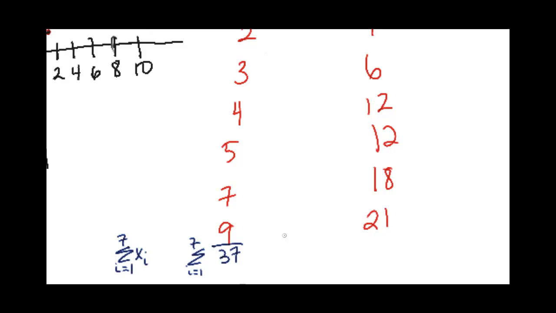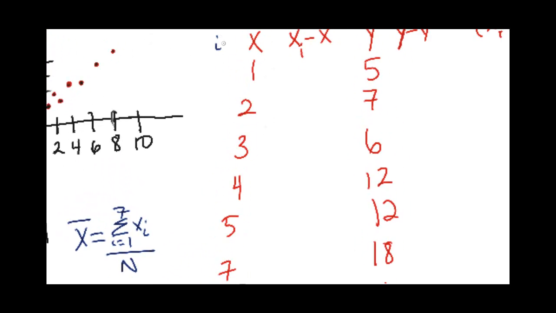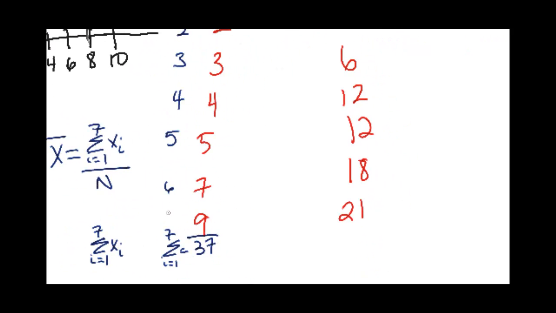To get the mean, to get x bar, you take the sum and divide it by n. In this case, there are 7 data points: 1, 2, 3, 4, 5, 6, 7 data points.